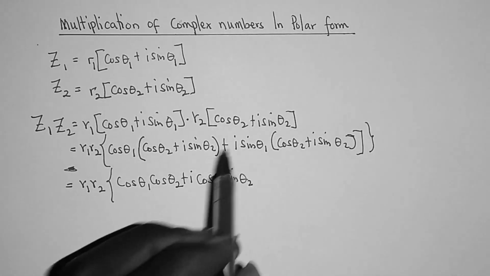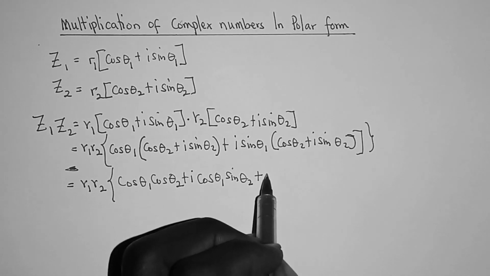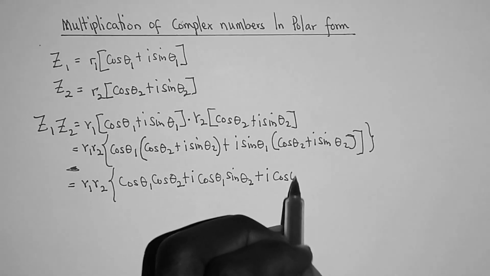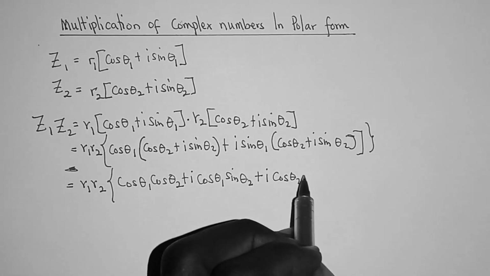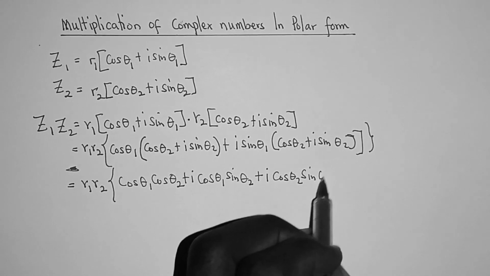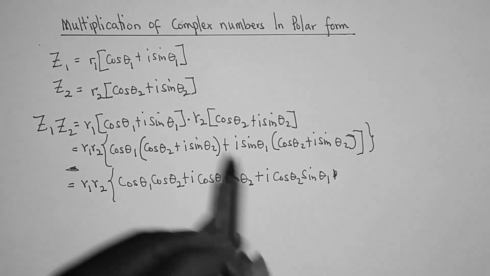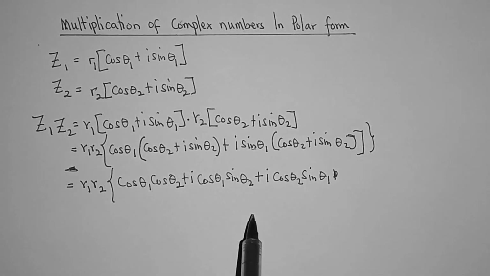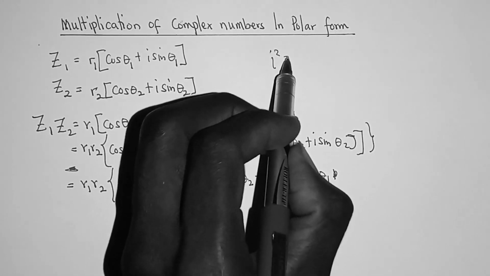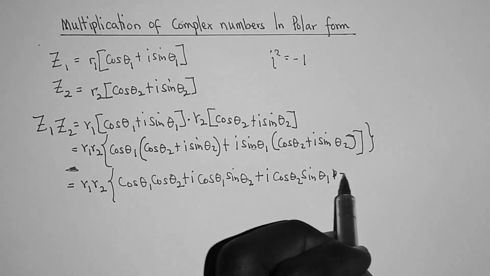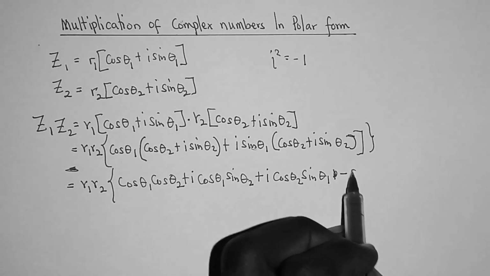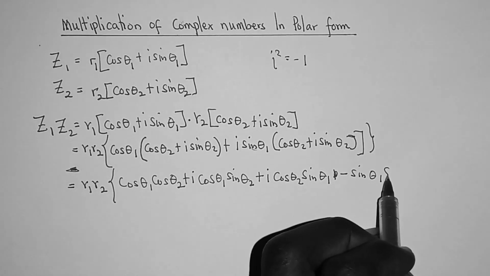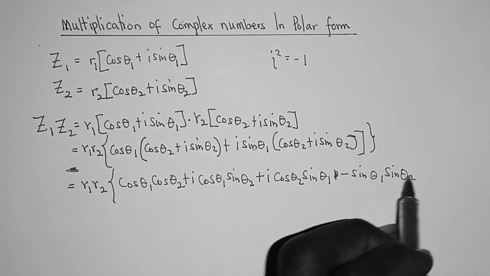And here is plus i, and here is cos theta 2 sine theta 1. Then plus, sorry, but you see that in the last part it's going to be i times i, which is i squared. And we've said that i squared is equal to minus 1. Therefore, here is going to be minus sine theta 1 sine theta 2.